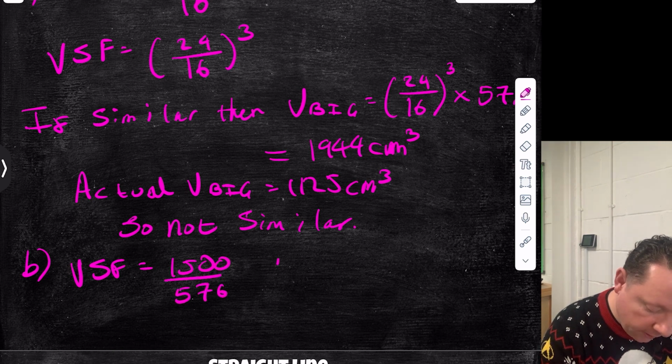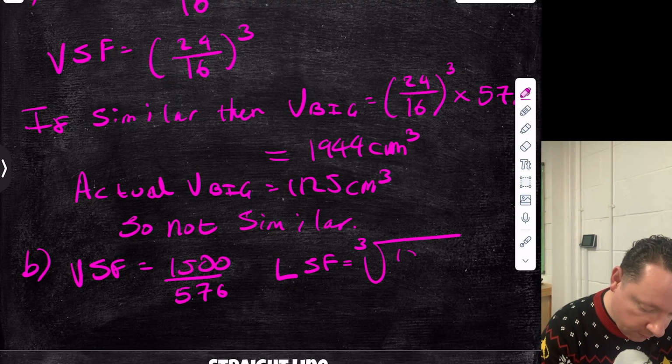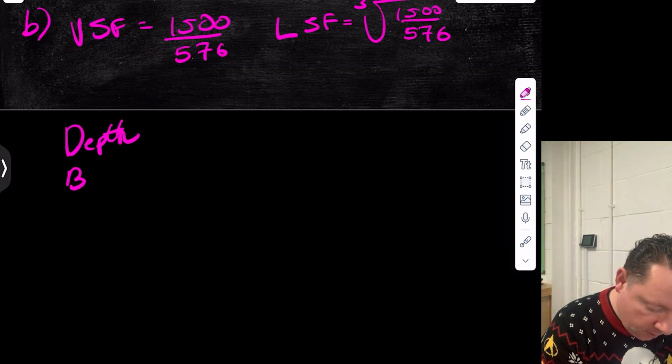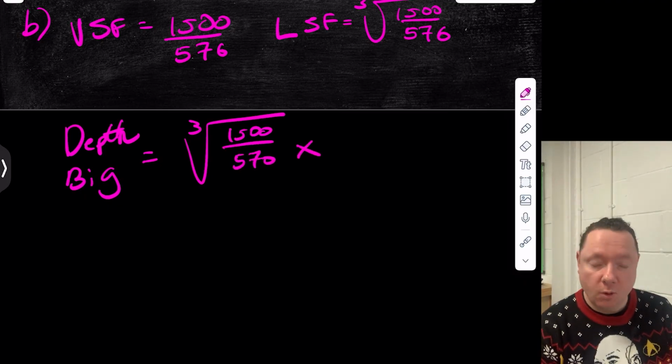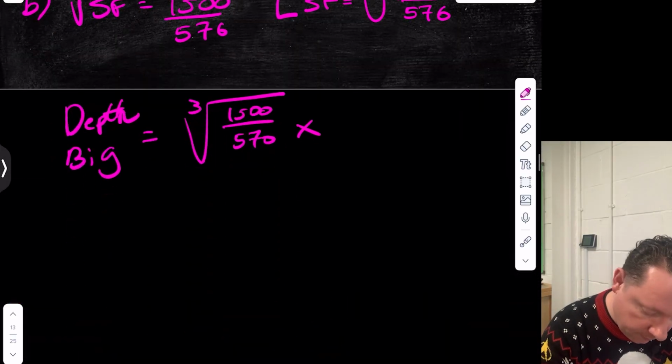So that means that our linear scale factor is, working backwards, the cube root, because we normally cube to get the volume scale factor. So the depth of our big carton is equal to our scale factor, cube root of 1500 over 576, times the depth of our small carton, and the depth of our small carton has stayed at 16.